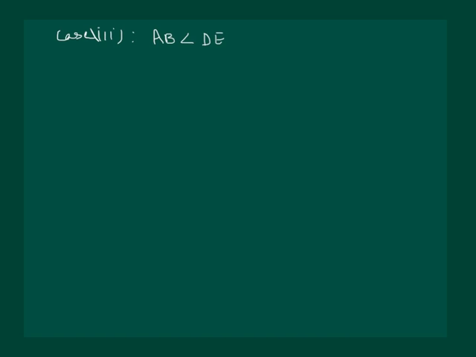Let us now consider a third case, when AB is less than DE. Since AB is less than DE, we can choose a point M on DE such that ME is equal to AB.